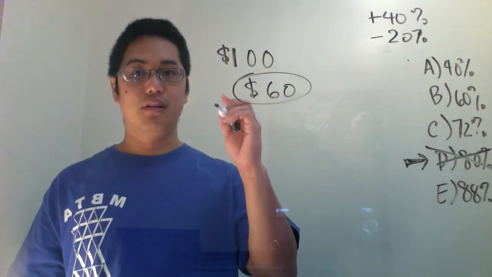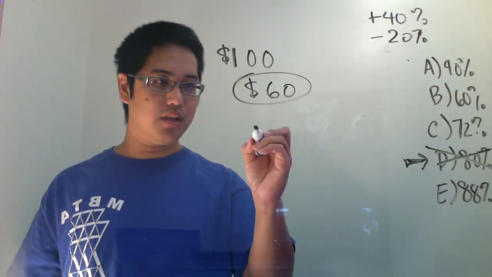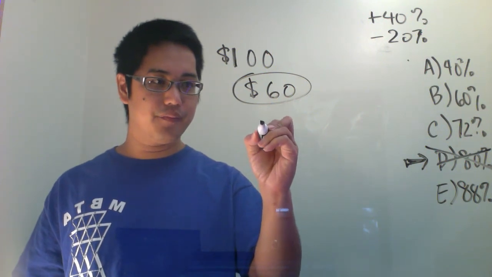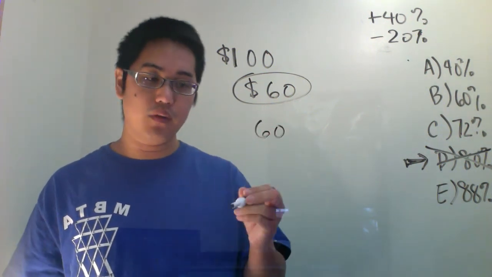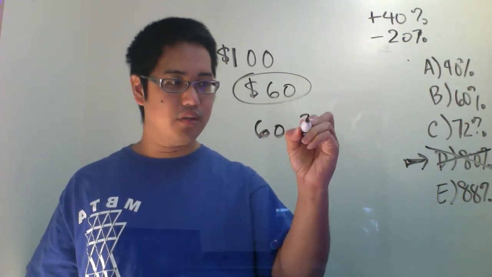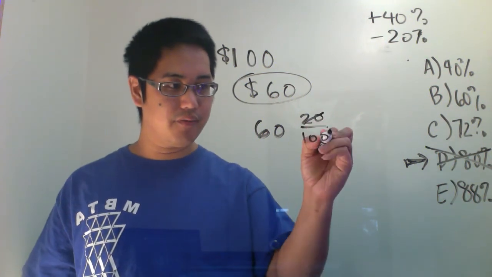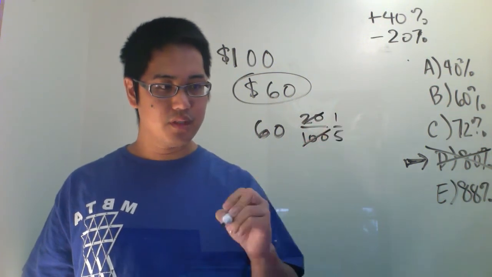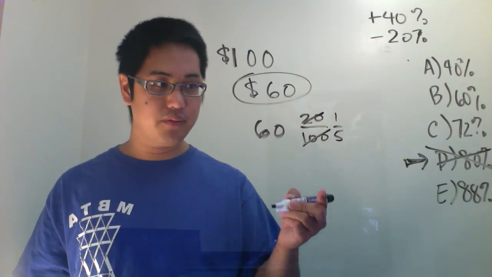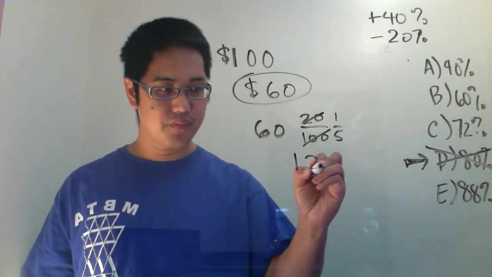So, you add 20% to this. So here's how you do that, is you want to do $60. The question is, what is 20% of $60? Well, you just do 20 over 100. That's the same as 1 over 5. So really you're dealing with 60 over 5, which is 12. Okay?